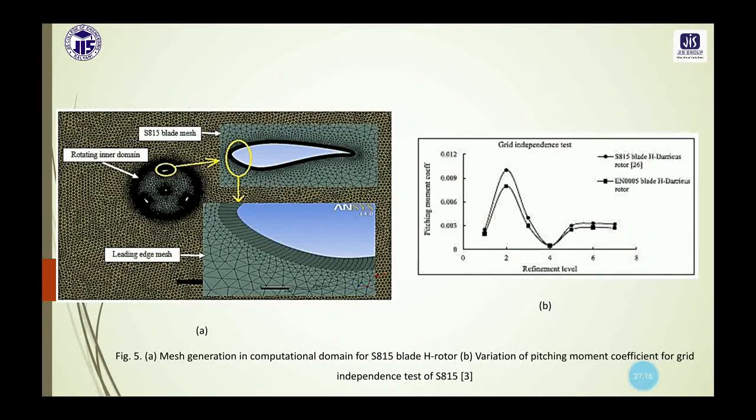A higher number of elements leads to a result which is approximate but within acceptable limits, and which is very close to the real life result. This grid independence test is very important in finite element analysis.